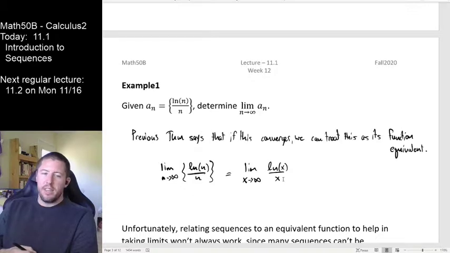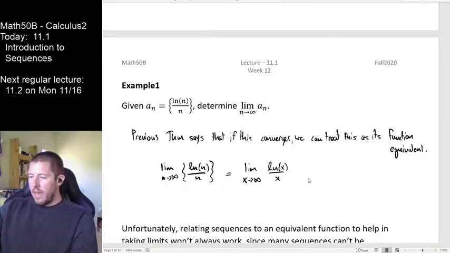That's just a naming convention: we very often use n to indicate the index of a sequence, and x to indicate the independent variable of a function. The more important thing is we dropped the curly braces indicating a sequence discussion to have only a function discussion. Now that we're in function land, it's appropriate for us to use L'Hopital's rule.